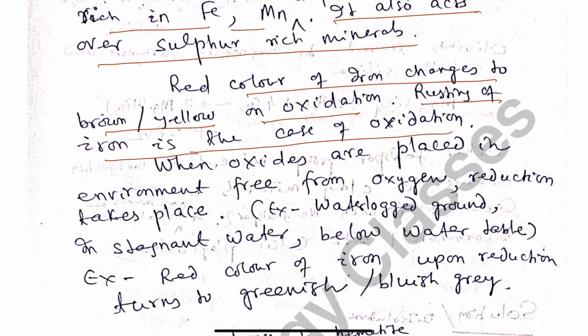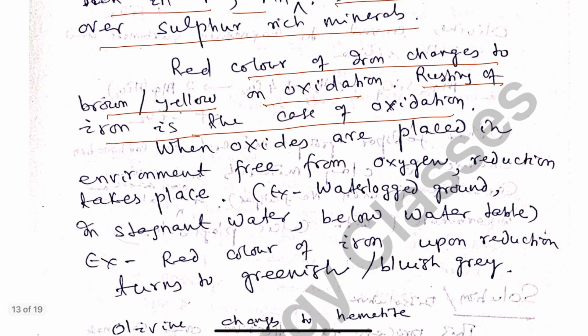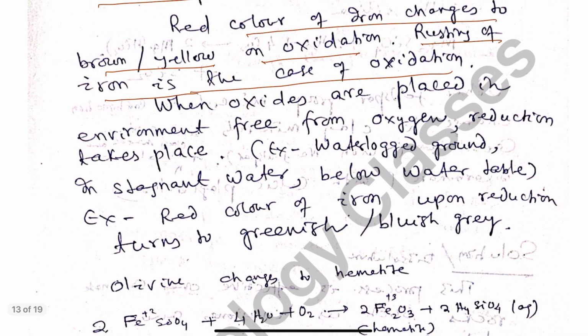In case of iron, iron becomes weak by rusting. It breaks easily. So through reaction with oxygen in presence of water, the iron gets rusted. It becomes ilmenite.